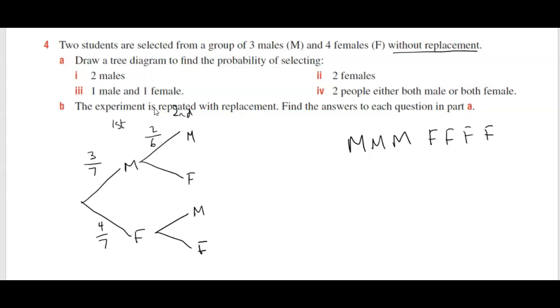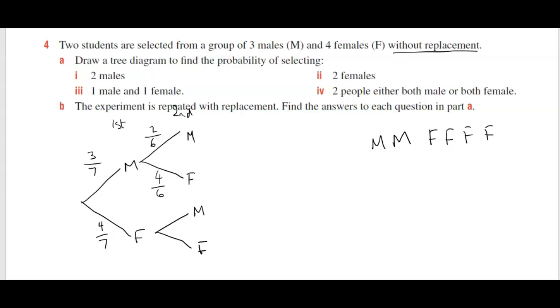Our first selection, we chose a male, so that male's gone. He's standing up out the front of the classroom. And we're left with 6 people, and 2 of them are males and 4 of them are females. Sometimes it helps to draw them, though you don't actually need to draw the males and the females; just using the letter might help you understand.